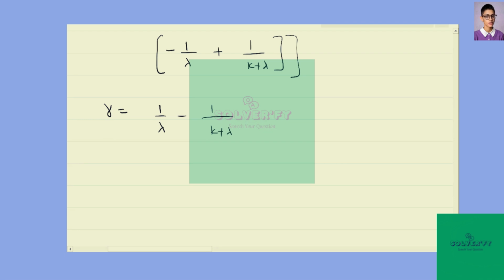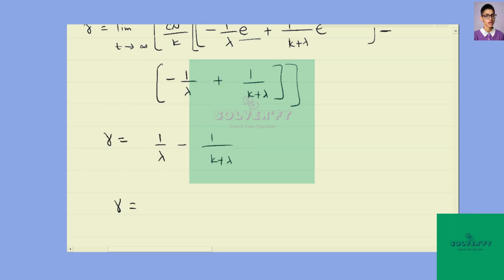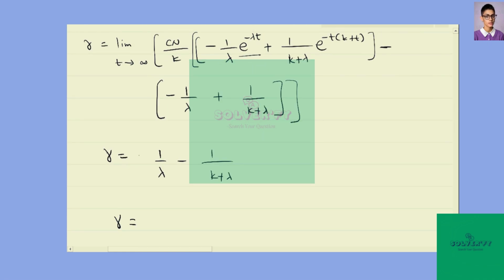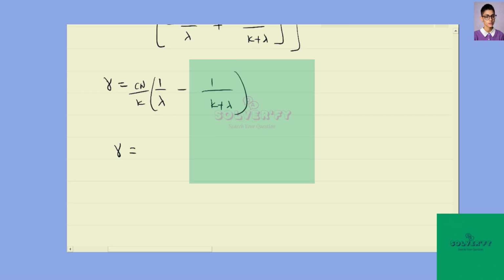So here is what we have. We can write it in another way, that is, having a common base for them. This isn't affected by the limit because it's a constant and nothing like the t.